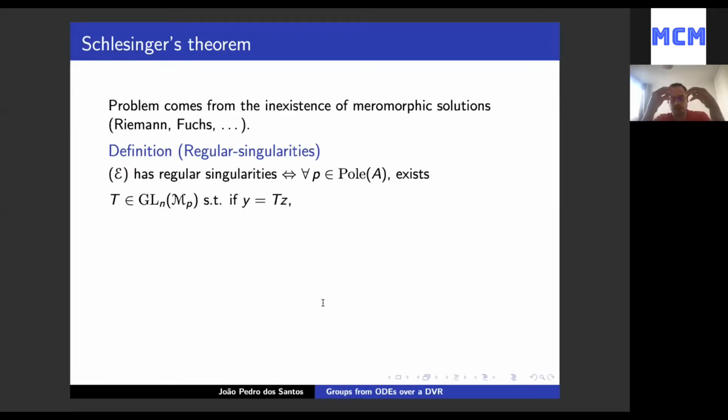I change variables, and with this change of variables I would like to have an expression like that. It means that your new differential equation after this change of variables is of this form, with a pole of order 1.